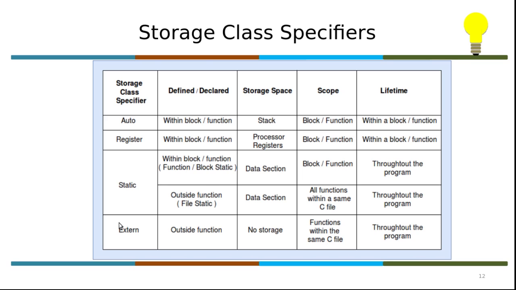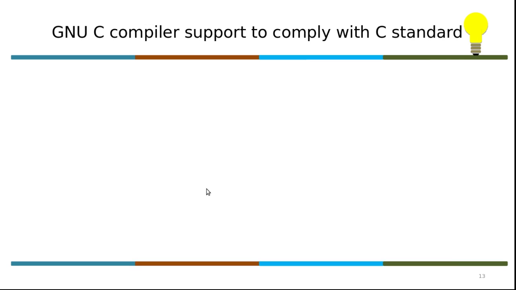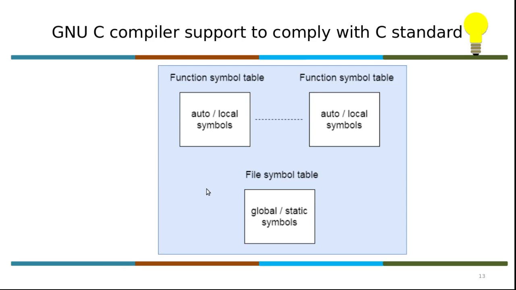Next, what is the support we get from the compiler? For defining a scope, for complying to the scope, the compiler at the time of generating an object file will maintain the local symbol tables for every function, so that it can refer to this symbol table while generating the code for that function.